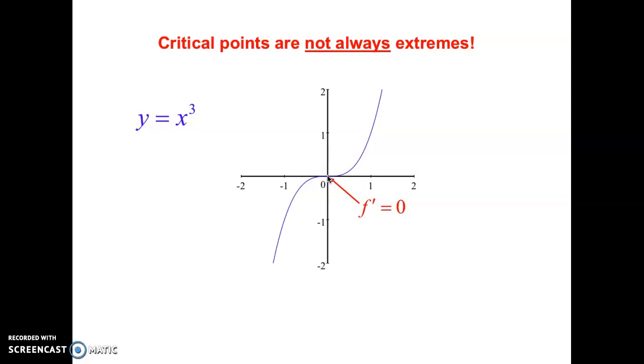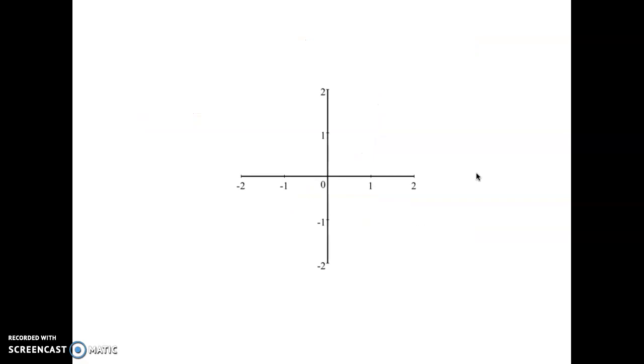Therefore, by definition, x equals 0 locates a critical point. However, this critical point is not an extreme. You can see that just by looking at the function. It is not the highest or lowest value on the function. So just because I have a critical point does not mean that I have an extreme.